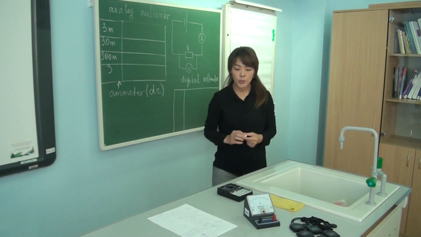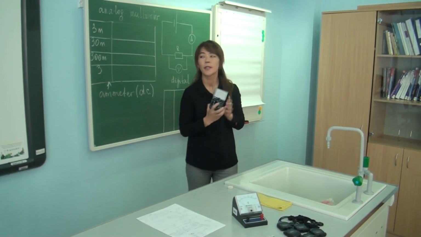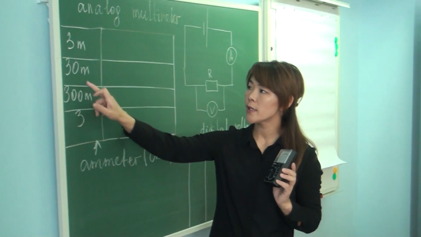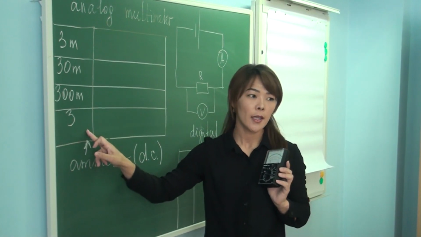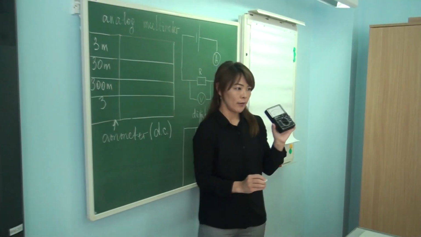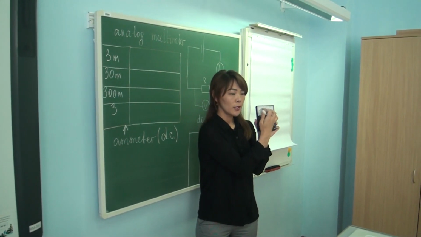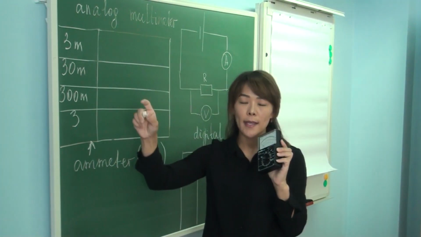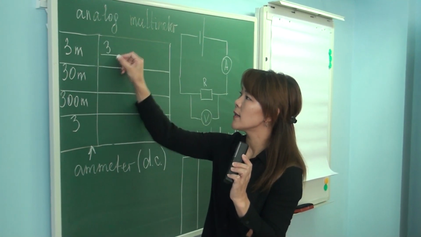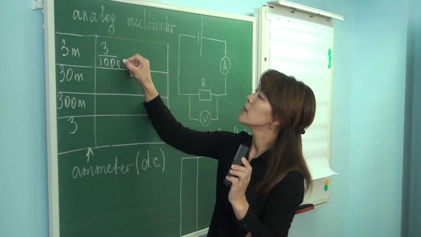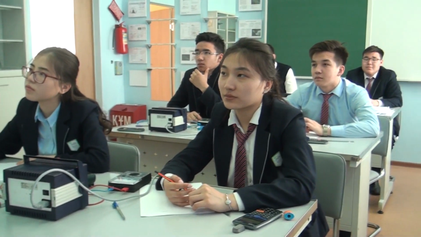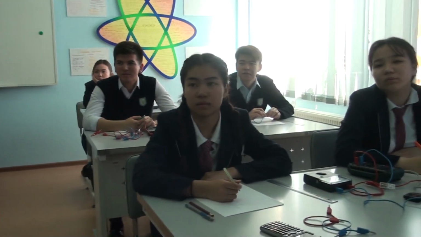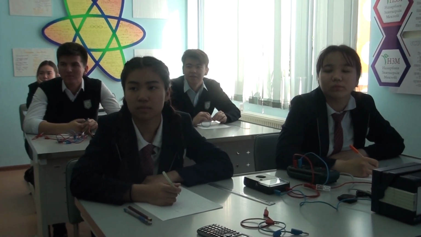Okay, when we use an analog ammeter, we use these four values: 3 milli, 30, 300 and 3. When measuring current, you take the value of current, multiply by 3 and divide by 10,000 if you use the 3 milli scale.